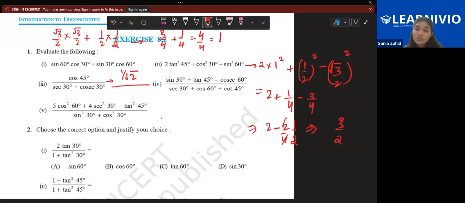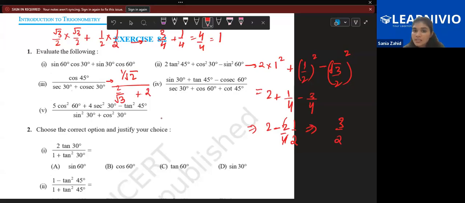Cos 30, and what was cos 30? It's root 3 by 2. So that means it is inverse of root 3 by 2, that means it is 2 by root 3, plus cosec 30 is inverse of sin 30. Sin 30 is 1 by 2. So this becomes 2. So now you will solve this equation.